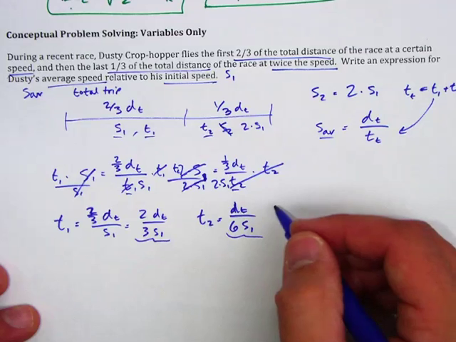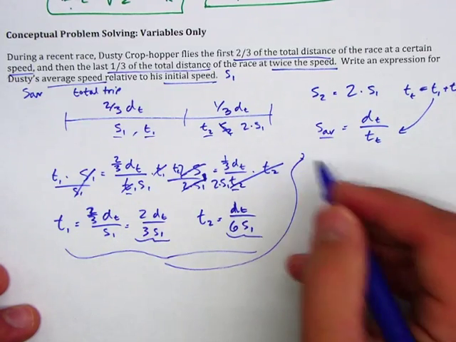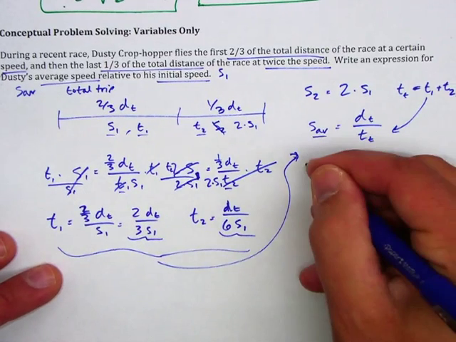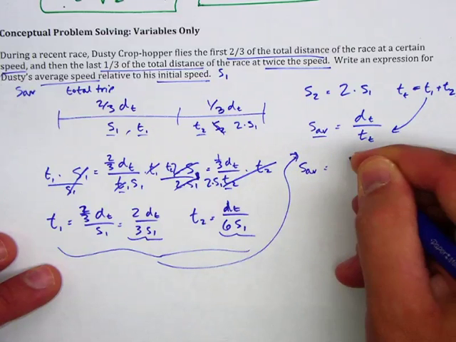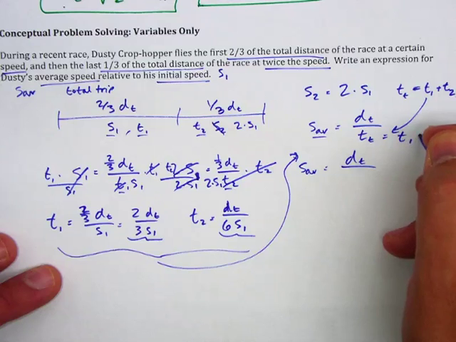So let's substitute these in over here and then simplify it out as far as we can go. So speed average equals dt over, well, t total is t1 plus t2.